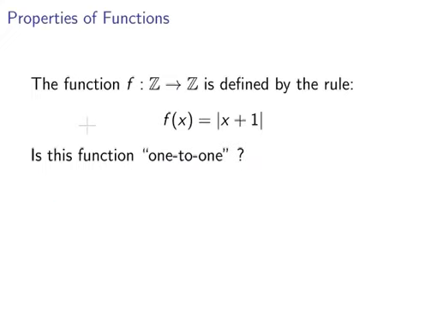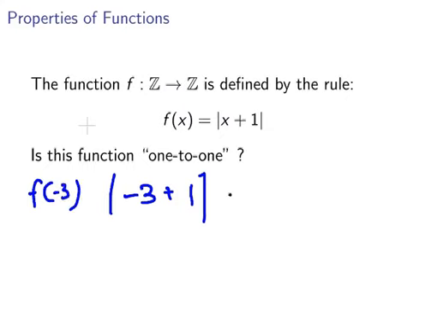Is this function one-to-one? Well, we could have the absolute value of minus 3 plus 1. So let's say we're looking at f of minus 3. We would have a value there of the absolute value of minus 2, which is equal to 2.